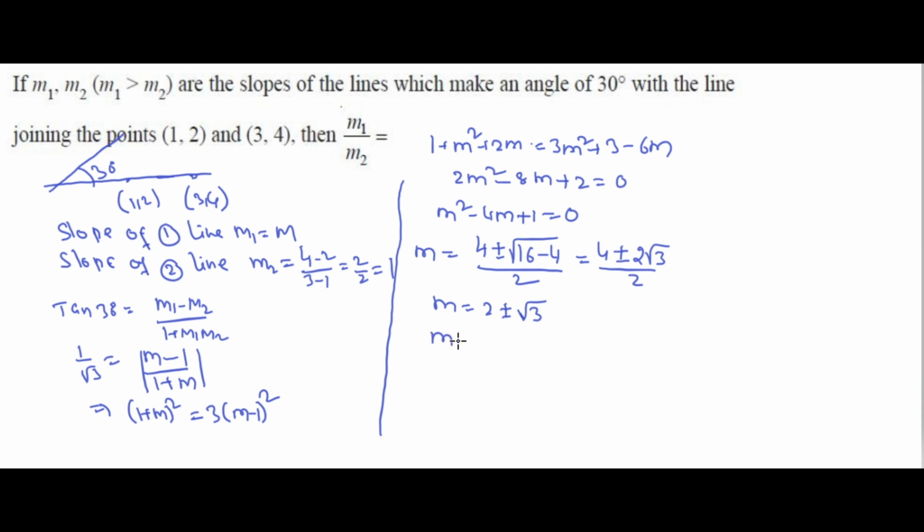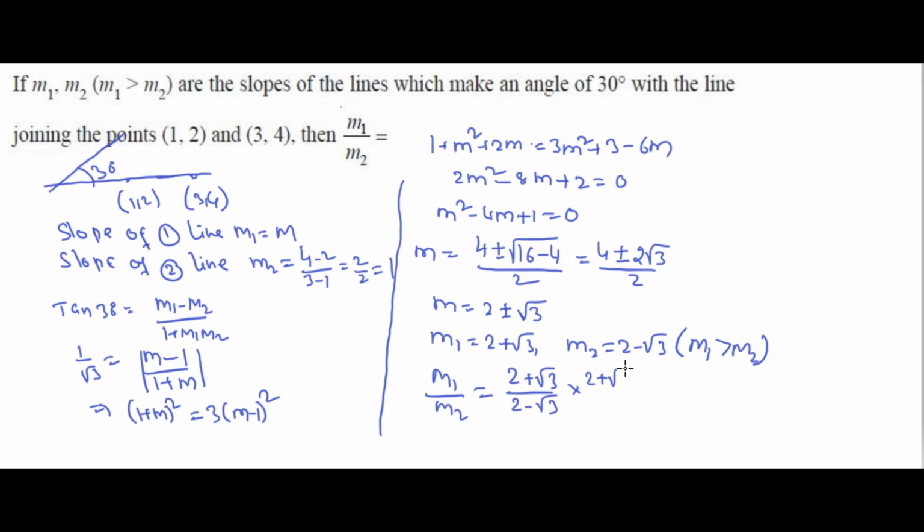Therefore m1 is equal to 2 plus root 3 and m2 is equal to 2 minus root 3, because here it is given m1 greater than m2, that is 2 plus root 3 is greater than 2 minus root 3. Then the value of m1 by m2 is equal to 2 plus root 3 by 2 minus root 3. Take rationalization.